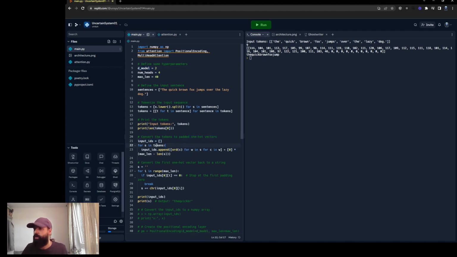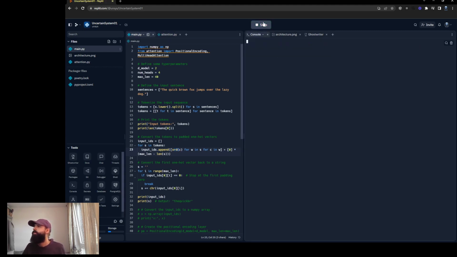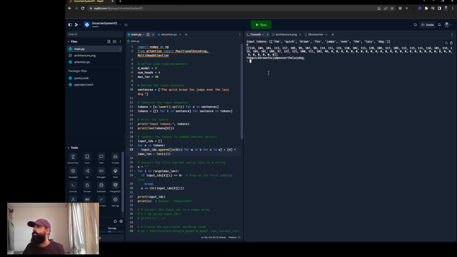So for each token, tokens. This is what, no, so these are the tokens, obviously. This is what we want to do.